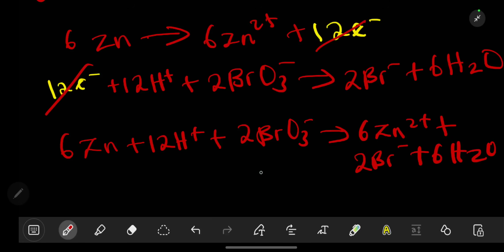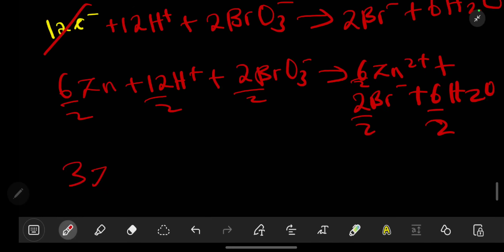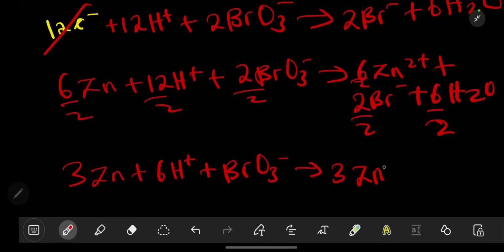Is there anything common? Something that is common here is that 2 can enter into all these numbers, so we are going to divide by 2 throughout, so that we have the final equation. It will be 3 Zn plus 6 H plus our BrO3 negative to produce our 6 divided by 2 will give us 3 Zn 2 positive plus our Br negative.